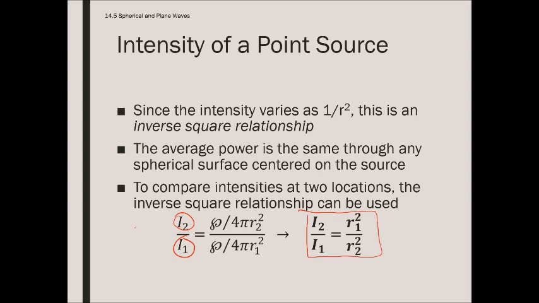As we go farther out from a source of light or sound, the amplitude of those waves gets smaller, not because the source has less power, but because that power has to be distributed over a greater area. So the intensity goes down. The loudness goes down, the brightness goes down. The brightness of the sun at Pluto is much less than it is on the Earth, just as the intensity of the sound far away from a rock concert is much less than it is close by the speaker.